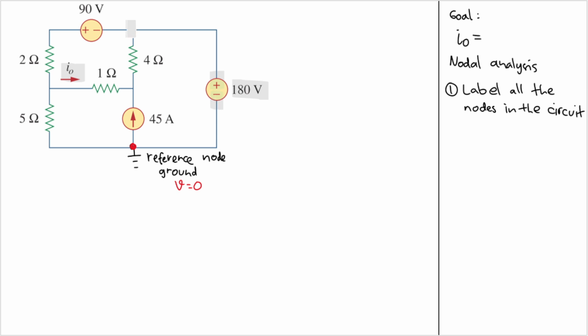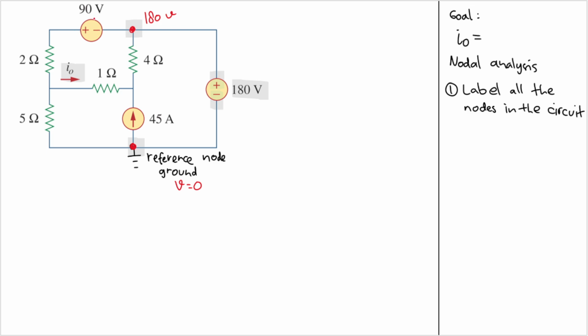The positive terminal is connected to here, and the negative terminal is connected to this one. So to make the difference 180, this node has to be 180 volt, because 180 minus 0 is 180.